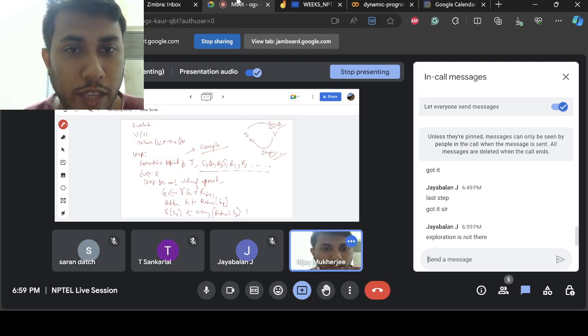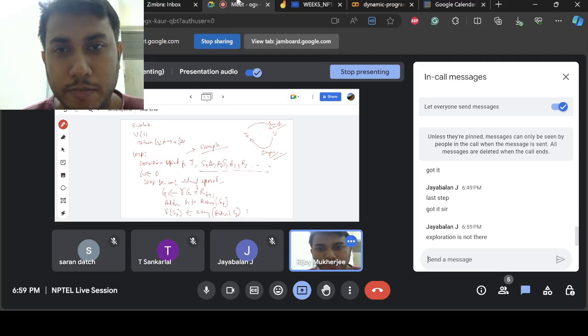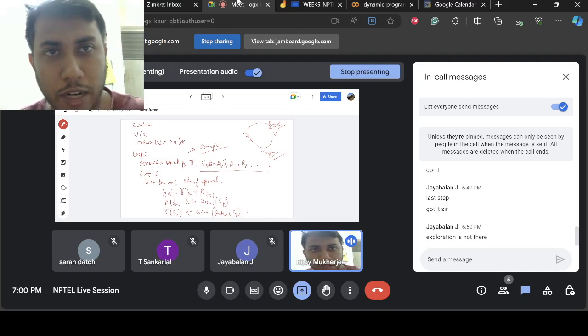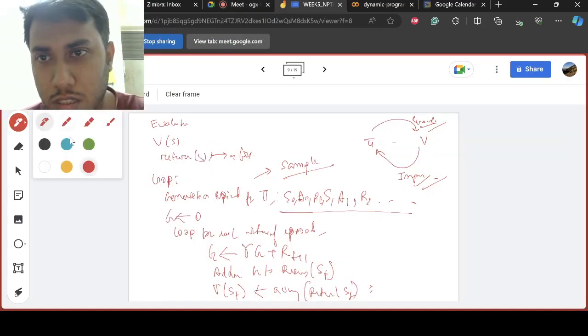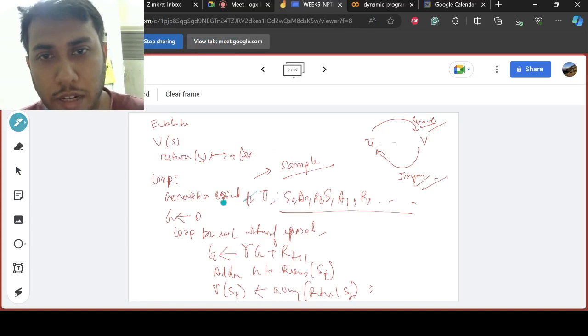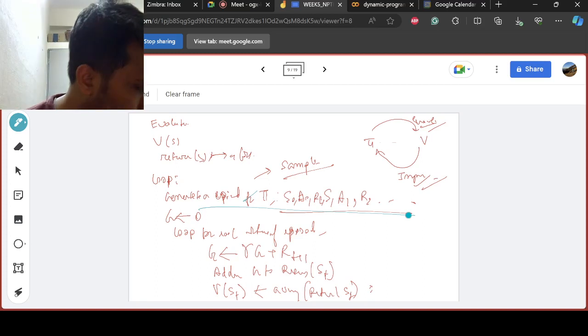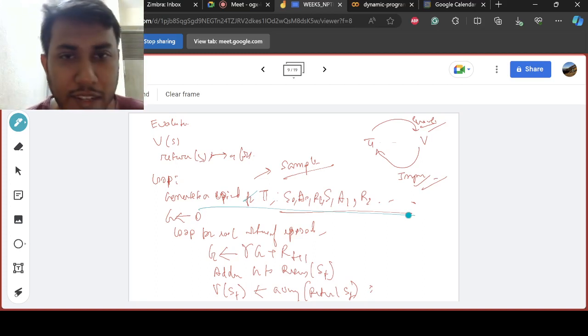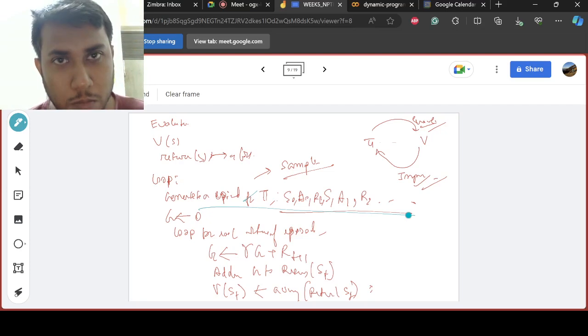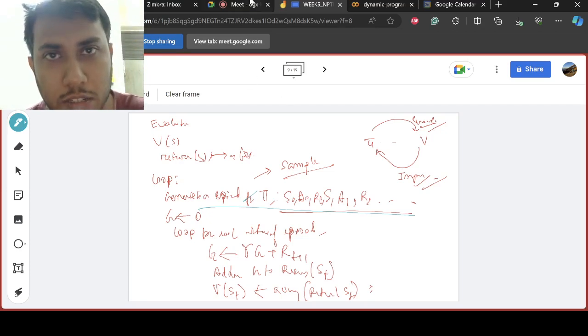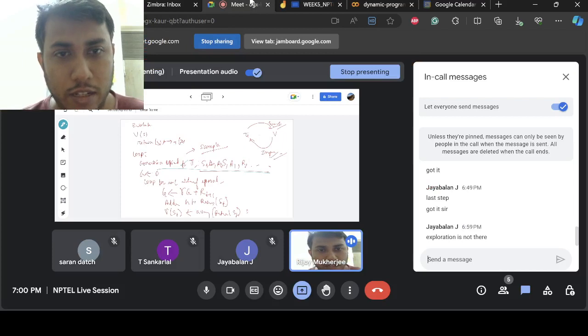Now here they give you the chance to explore. How does it give you the chance to explore? There is one simple trick. In this part, instead of always selecting the same action, you select with a probability. Suppose action A has a probability of being selected 40 times out of 100.